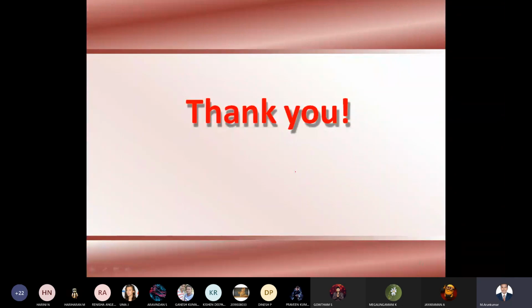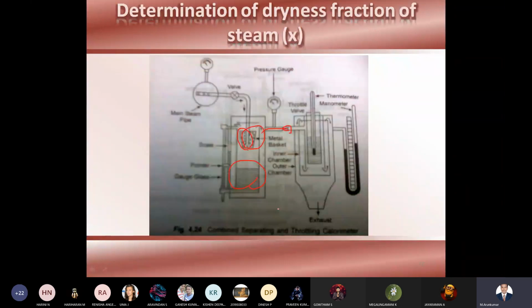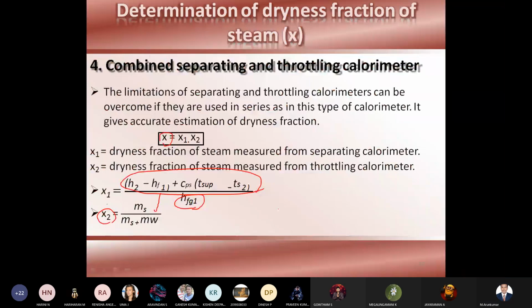These are the properties of steam that can be used in steam turbines and other engines. So we have to use the properties of steam, and we have to know the properties of steam.